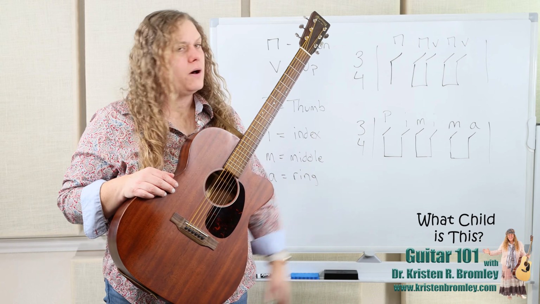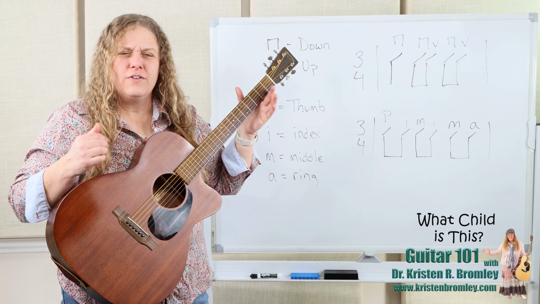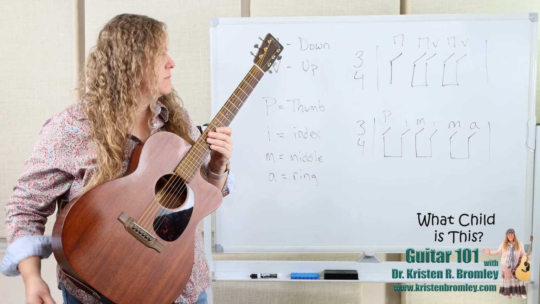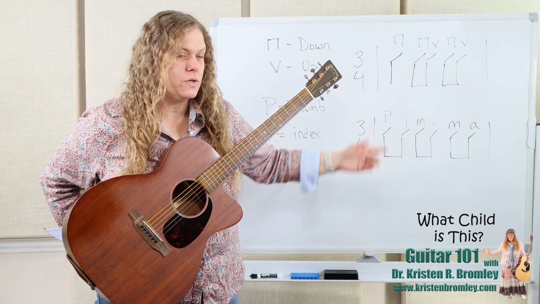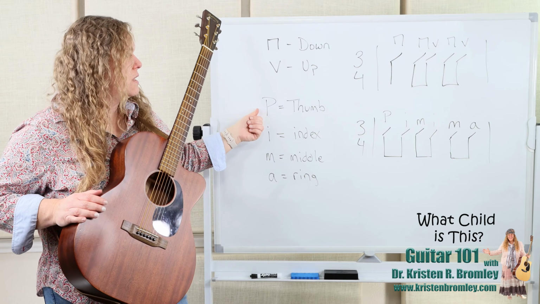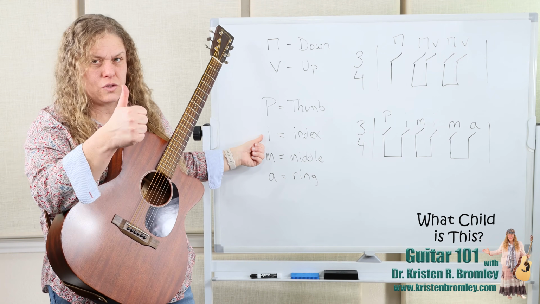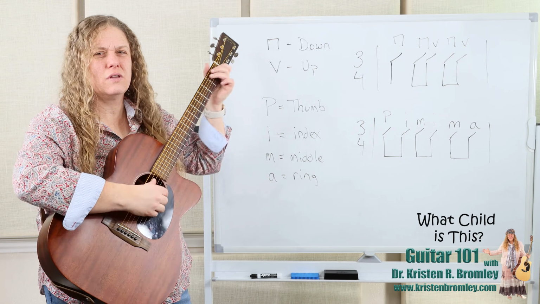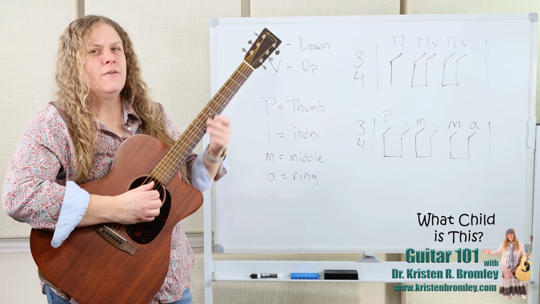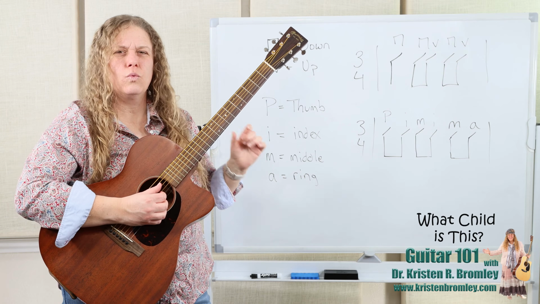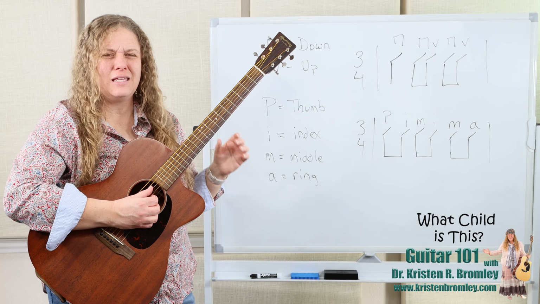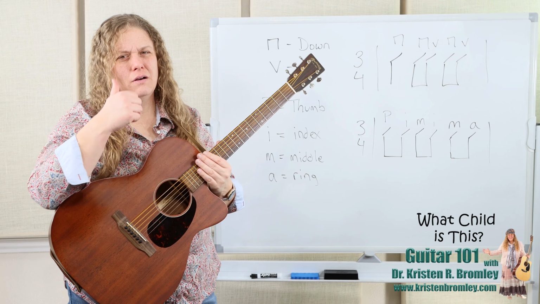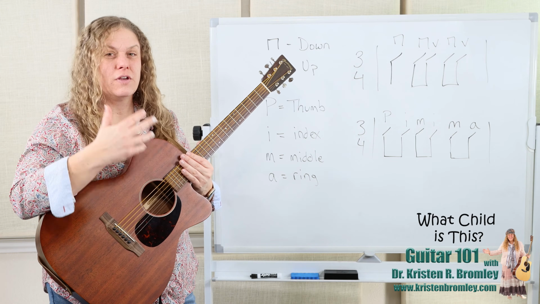The letters written above tell us what finger we're plucking with for that rhythmic note. So P equals thumb. I equals index, so thumb, index, M is middle, and A is ring. That's the standard letters used for those. Those are the first letters in the word in Spanish and in Italian that are the names of our fingers, our thumb and fingers.